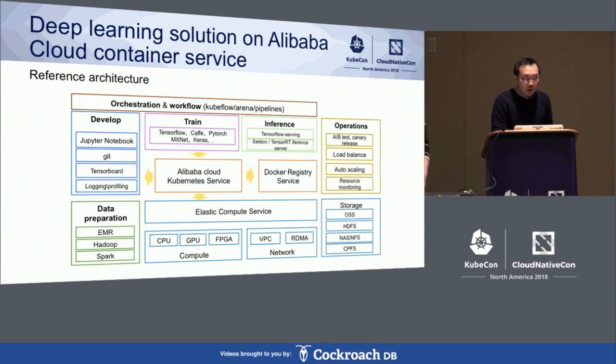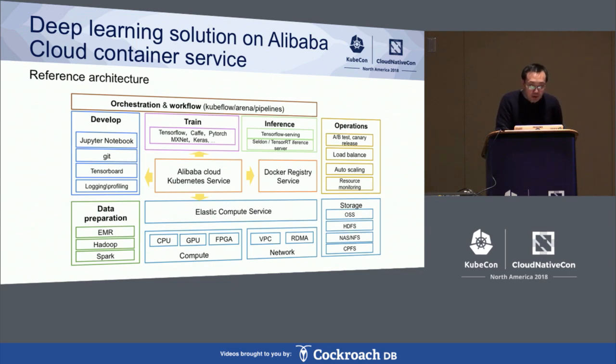Then for the training part, all the popular open source deep learning frameworks are already supported, including TensorFlow, MXNet, PyTorch, Caffe, and a bunch of others. And it's also very easy for customers to extend to use your own frameworks as well.